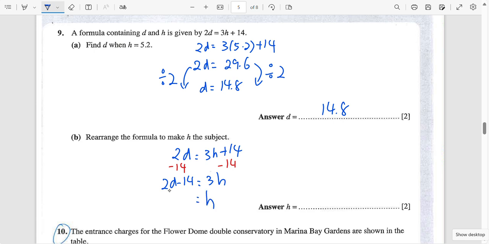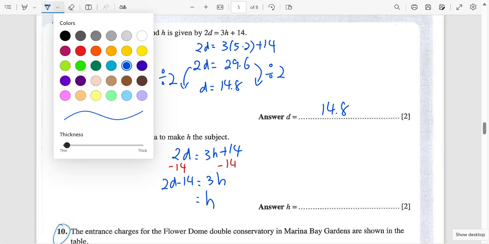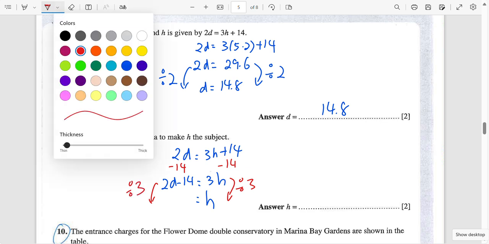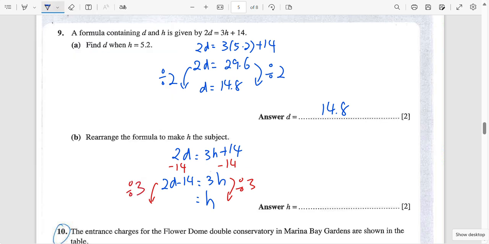And in order to find H, I divide both sides by 3. So H equals 2D minus 14 over 3.